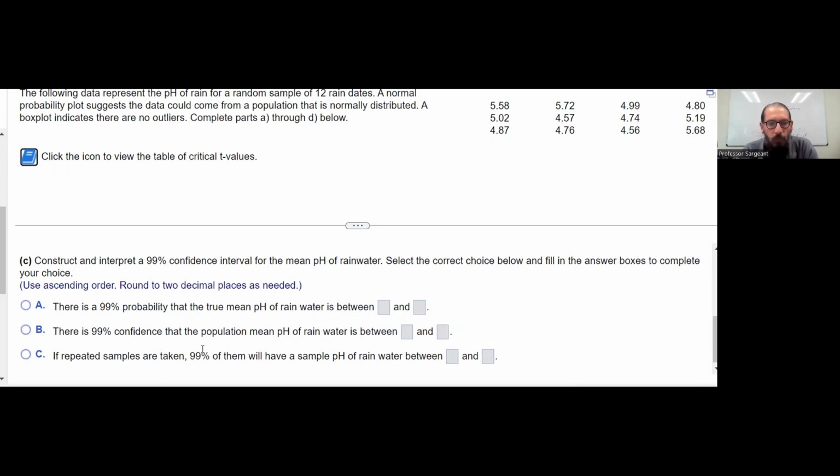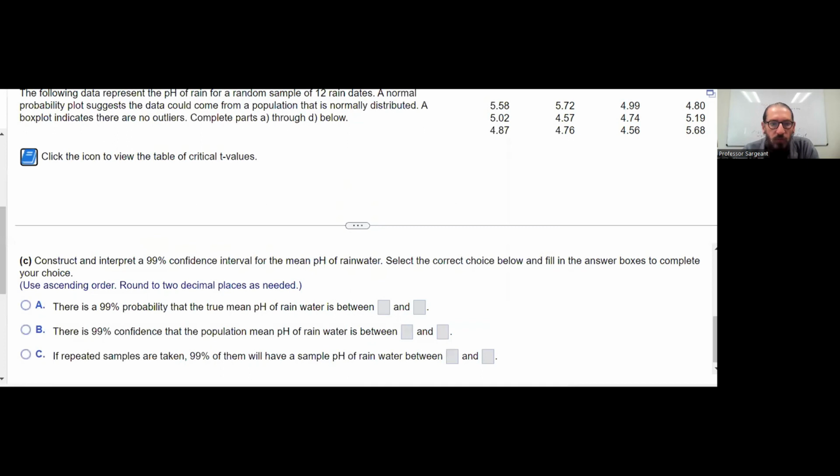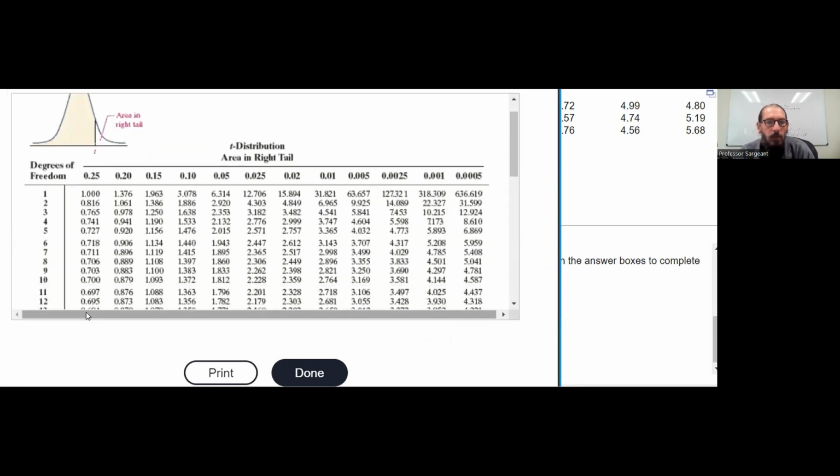Divide that by 2. You get 0.5%, which as a decimal is 0.005. So right here, we're still dealing with the sample size of 12. Okay. So 11 degrees of freedom.